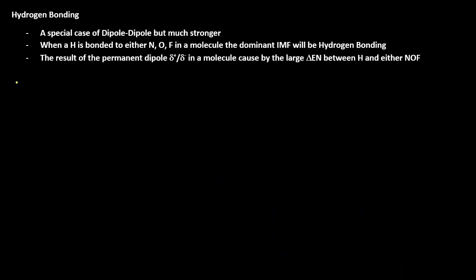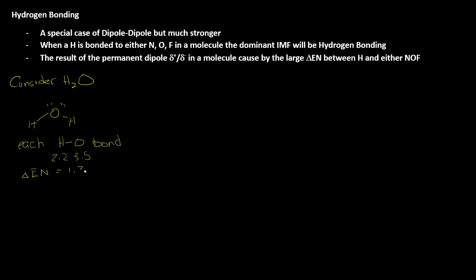The third type of intermolecular force that we'll look at is a special case of dipole-dipole interactions. It's known as hydrogen bonding. Once you draw the Lewis structure for a molecule and you realize that there's a hydrogen bonded to either nitrogen, oxygen, or fluorine, NOF, the dominant intermolecular force is going to be called hydrogen bonding. This is a result of the very large electronegativity difference between hydrogen and each of nitrogen, oxygen, and fluorine. If we draw a water molecule, we can see that water has very much a delta positive and delta negative end.